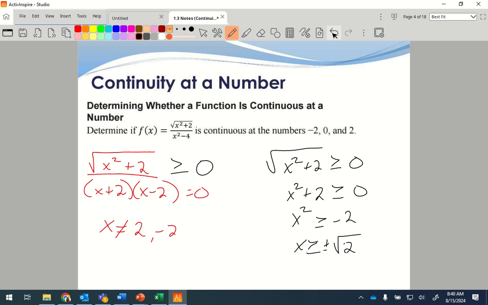X has to be greater than or equal to plus or minus square root of 2.